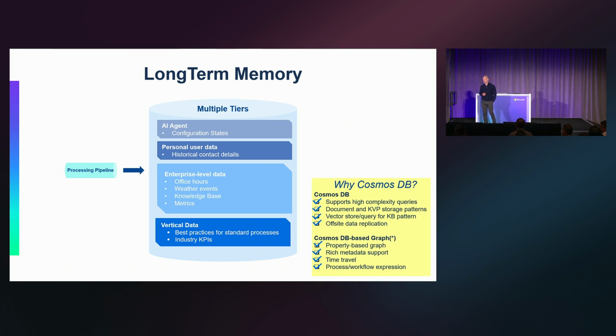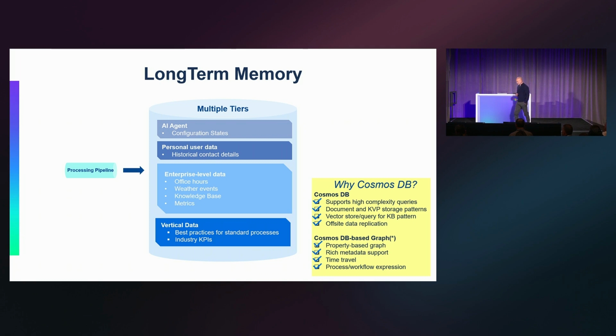The flexible storage patterns, right? We have conversation histories in JSON format and simple key value pairs for configuration data, all stored in the flexible Cosmos DB structures.